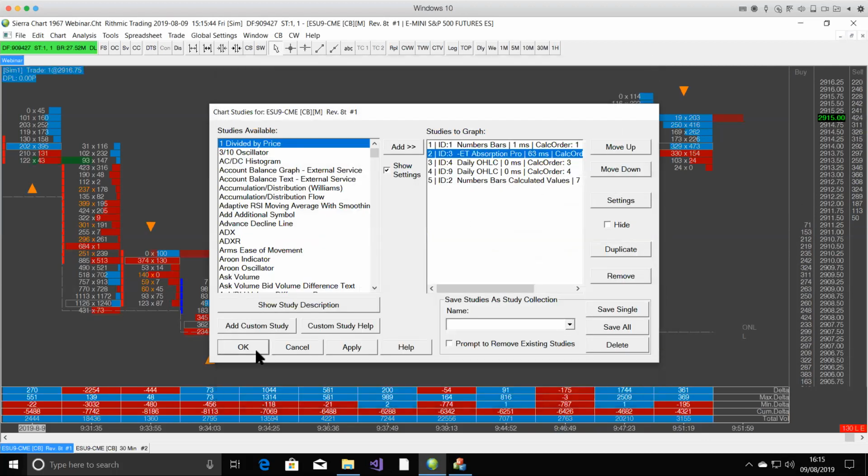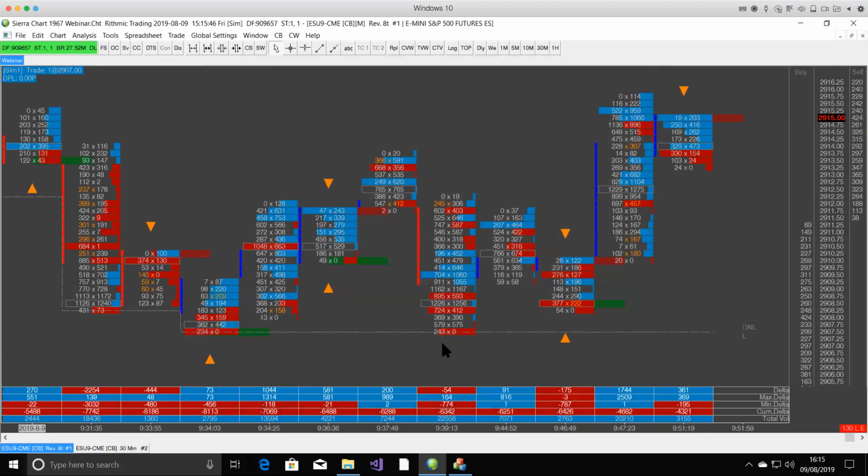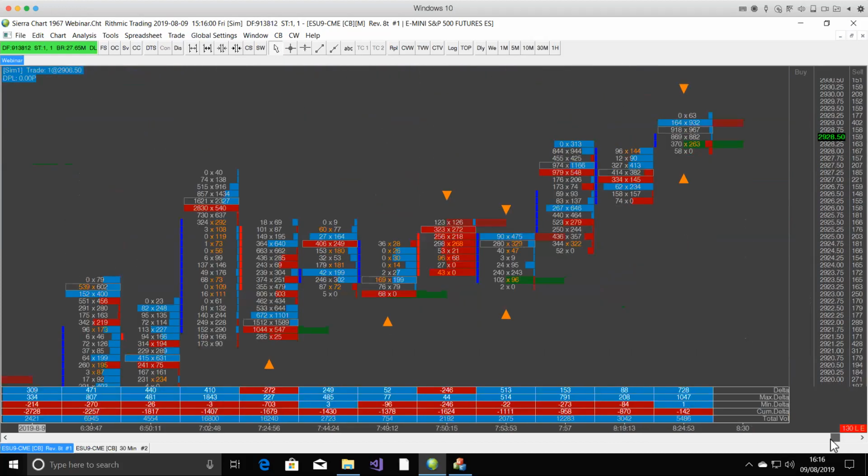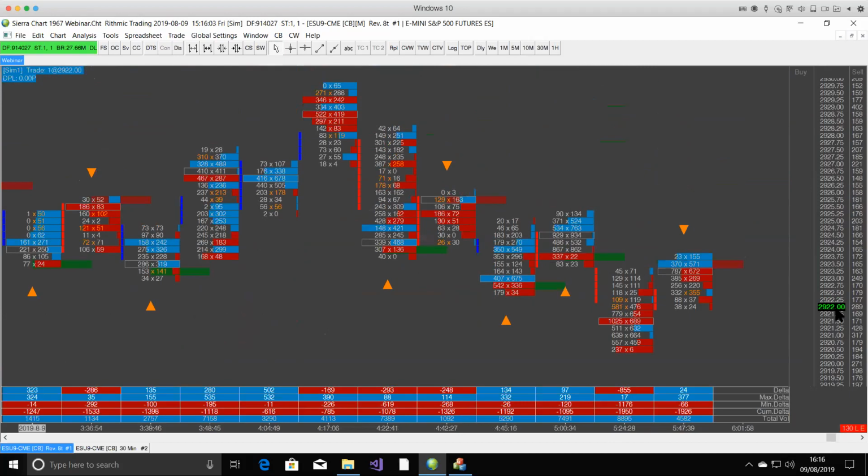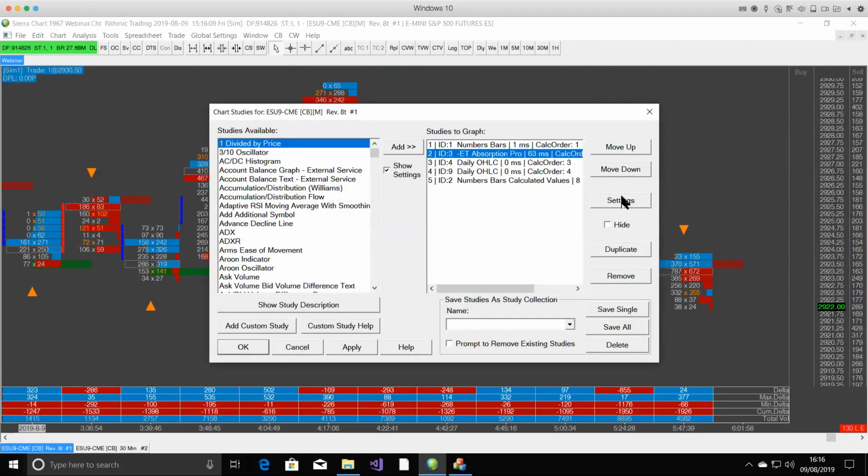So if I put this on the chart, we start to get too many signals actually. But you can see here where we had this big absorption at the low today, we've identified this. But this is a relatively fast chart, 8-tick reversal. We've got too many signals on here. So what I can start to do is filter this down. Let's go into the studies window. Let's amend the settings.